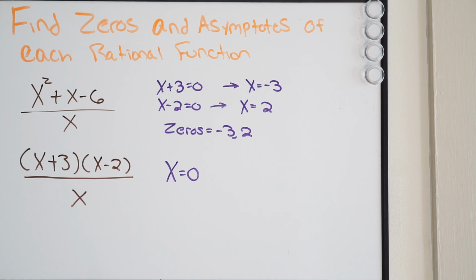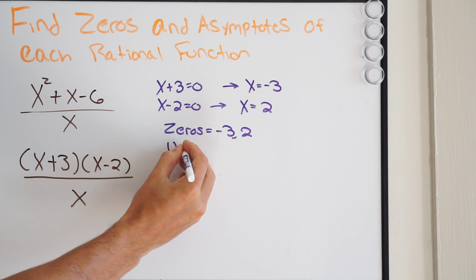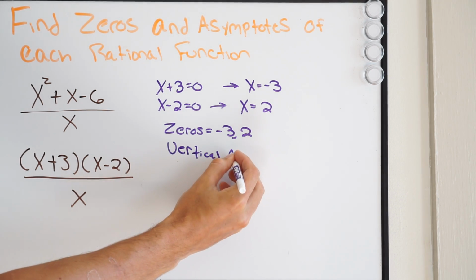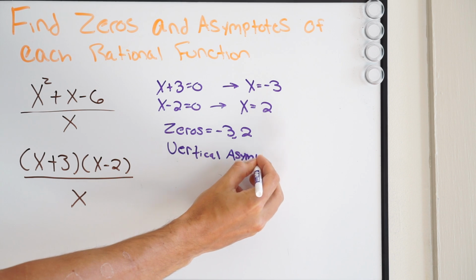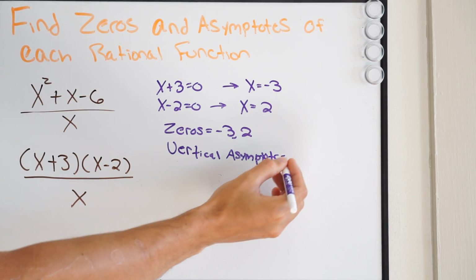That exception is where the vertical dashed line, or vertical asymptote, occurs. So my vertical asymptote is x equals 0.